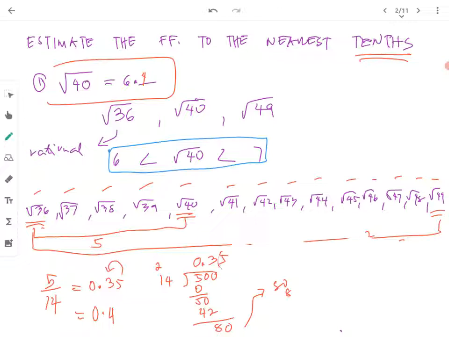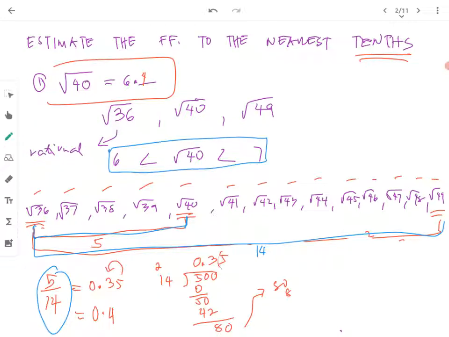So how do we look at it is we count from 36 to 49. We express it as a fraction. 36 to 40, that is 5, out of 36 to 49, that is 14. Our fraction now is 5/14.